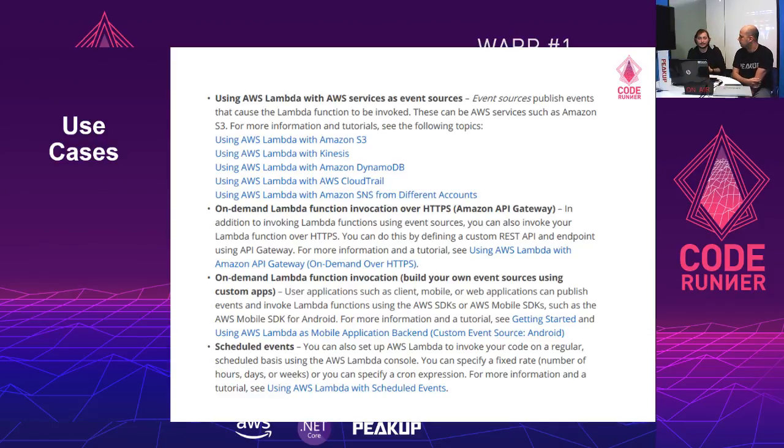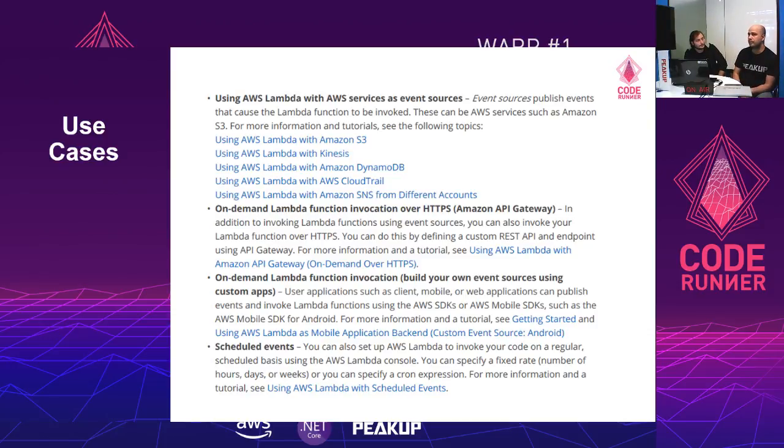Kinesis is the IoT backend for the IoT service AWS provides us. You can basically do event-based triggering. There's also SNS support for it. So when you pass a notification, the function runs.